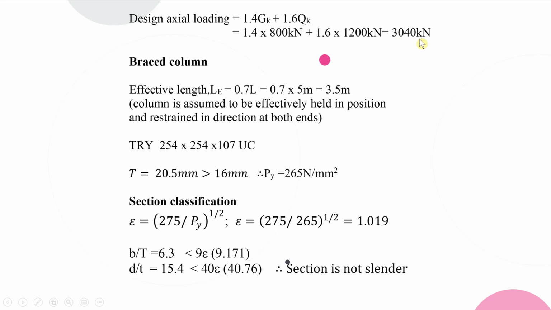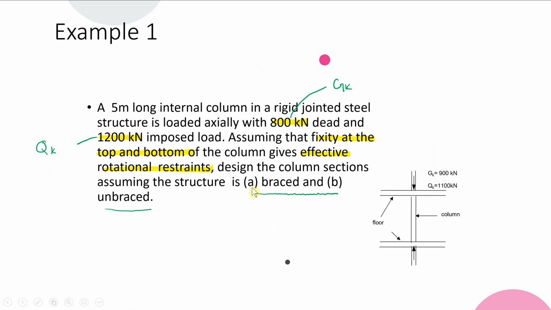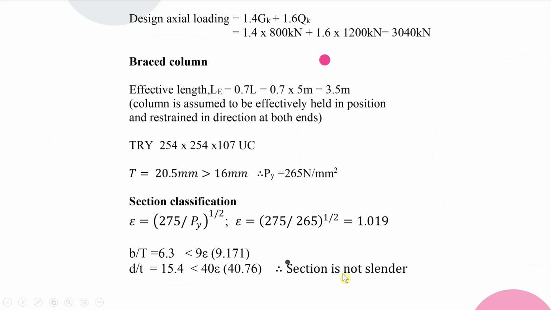Alright, so after that we need to check, because since they did not mention whether it's braced ataupun unbraced, and the question itself pun mention that you have to calculate for both, so kita kira for braced column dulu. Okay, since it is braced, so kita kira for braced column.